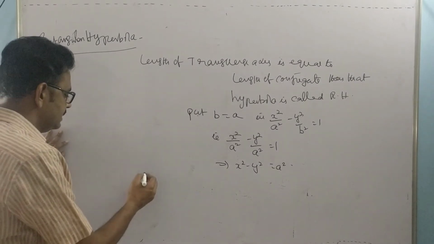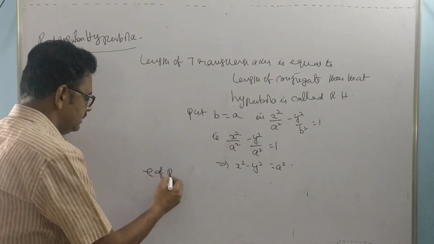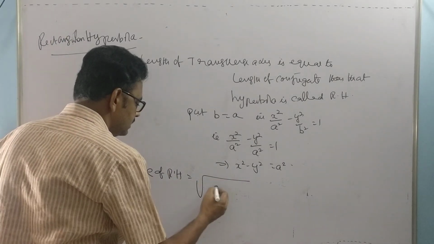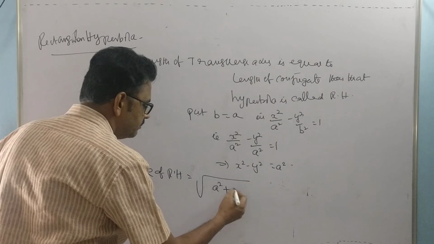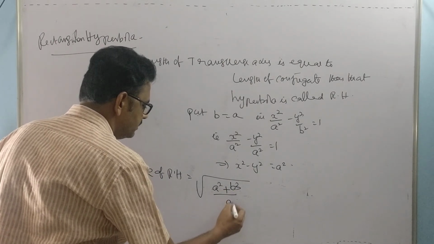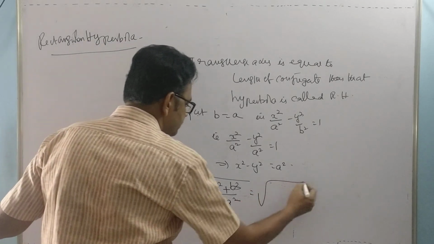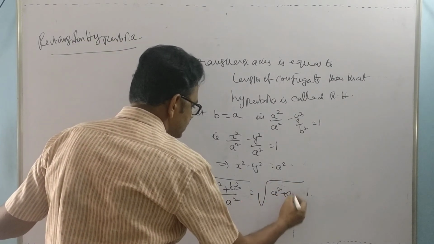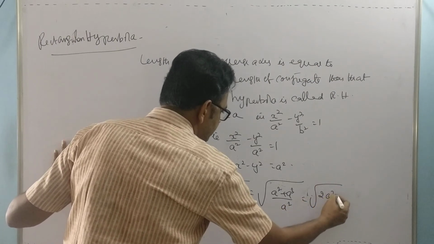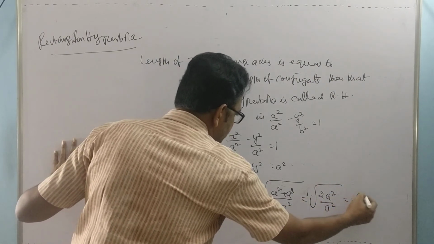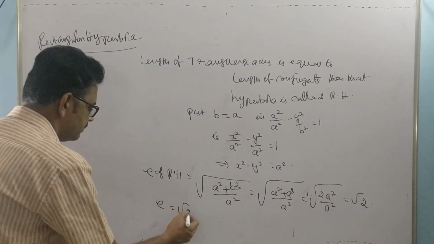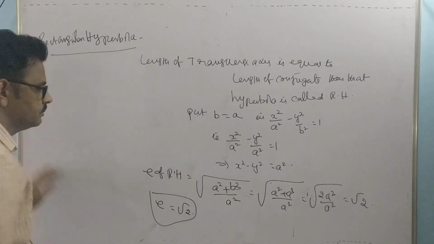And what is its eccentricity? Eccentricity of rectangular hyperbola is equal to root of a square plus b square by a square, that is root of a square plus a square by a square, root of 2a square by a square, that equals root 2. Therefore, the eccentricity of rectangular hyperbola is root 2.